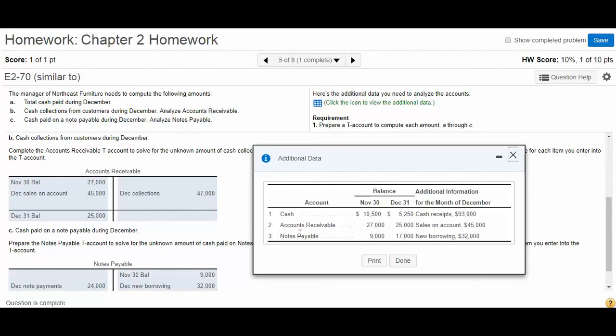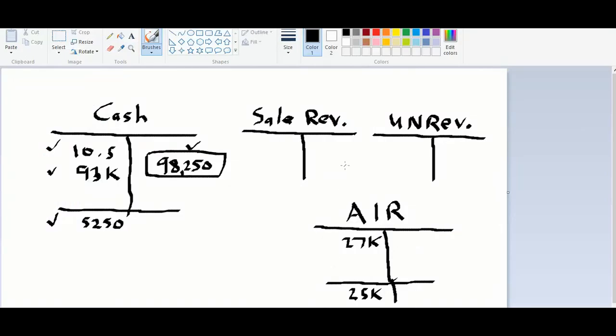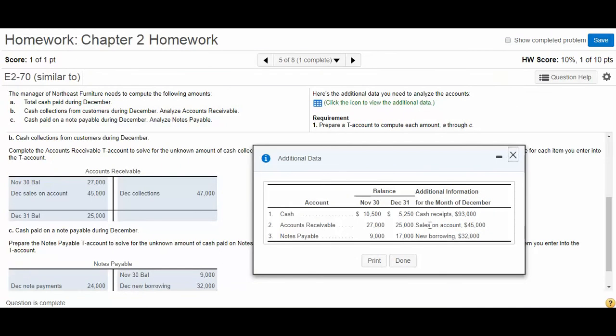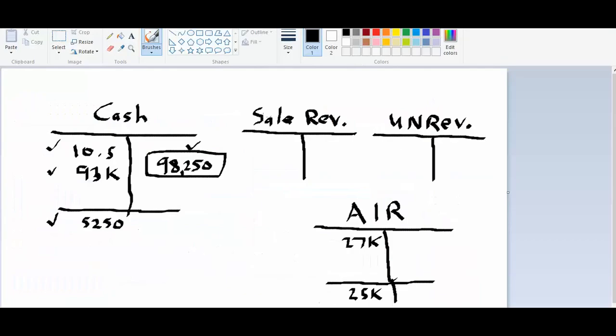So basically the whole problem comes to deciding where sales on account go. Remember that sales on account means that you had some sales, and in this case you had sales on account of 45,000. A question you ask yourself here is, is the money coming towards the company or going away from the company?